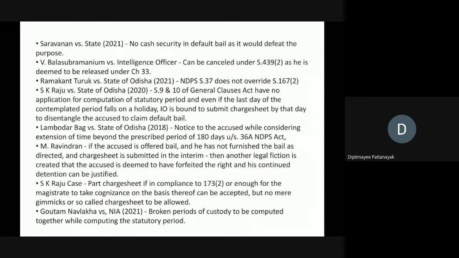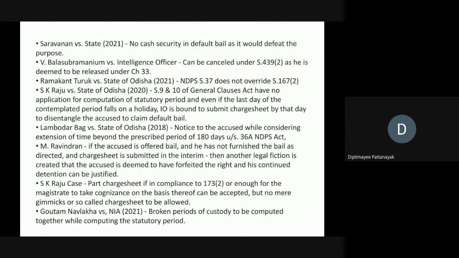But it doesn't mean that the IO can file anything and still get away with the provision, and it has to be in basic compliance with 173.2.